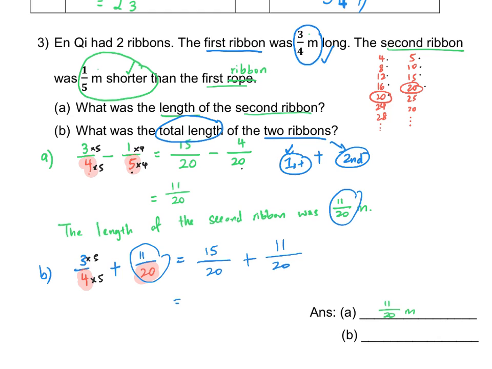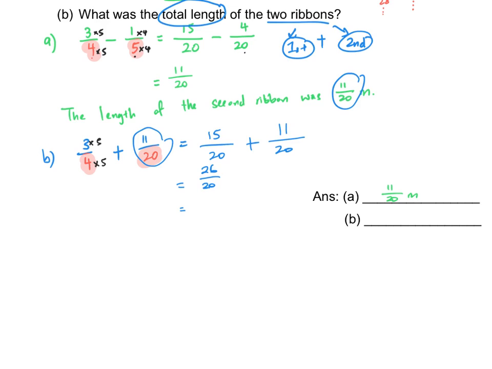Okay, so 15 plus 11 is actually 26 out of 20. If you were to change it to a mixed number, we have 20 out of 20, take out the whole, plus the remaining 6 out of 20, which is 1 whole, 6 twentieths.